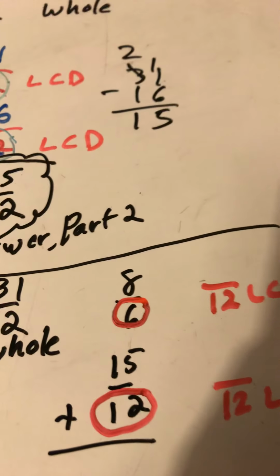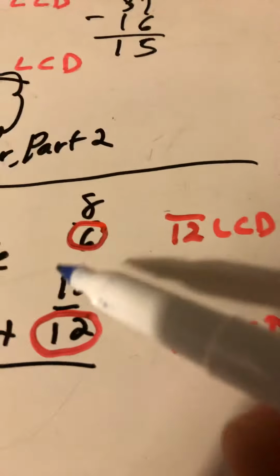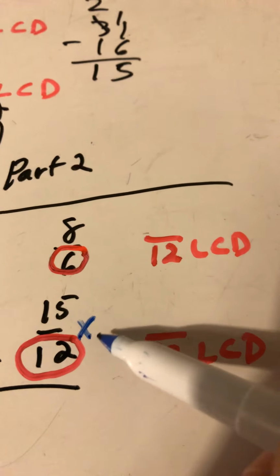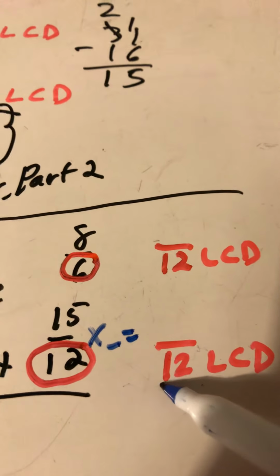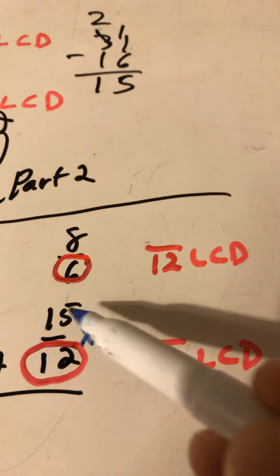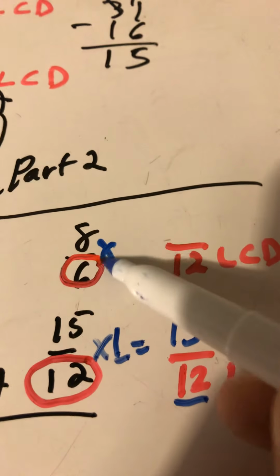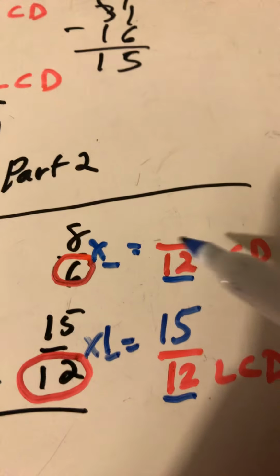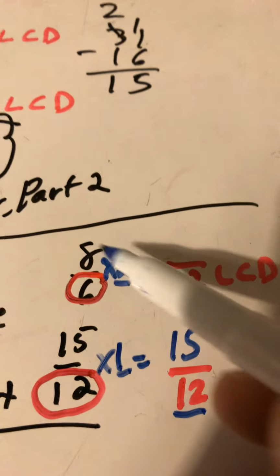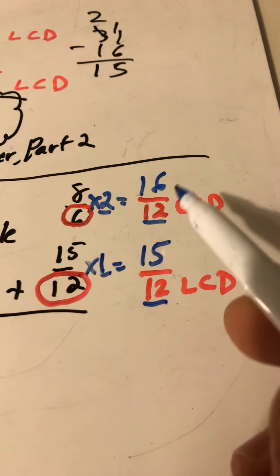And now I'm going to use blue here, change it up, and do the math in between. So 12 times what number makes this 12 here? So I know that's 1. So then 15 times 1 is 15. And then 6 times what number makes this 12? So I know that's 2. So 8 times 2 is 16. And now I can add.